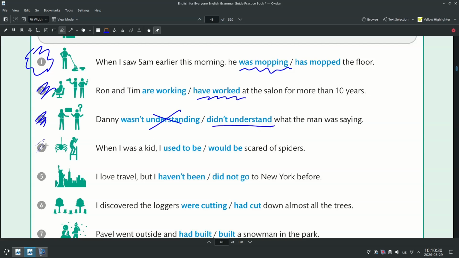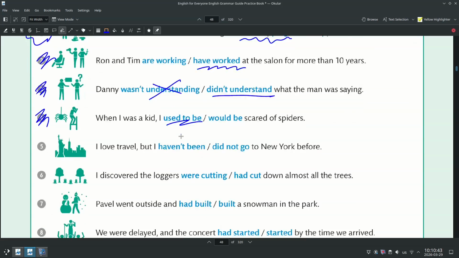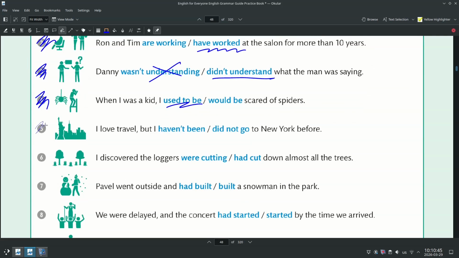Number 4. When I was a kid, I would be scared of spiders. I used to be scared of spiders.